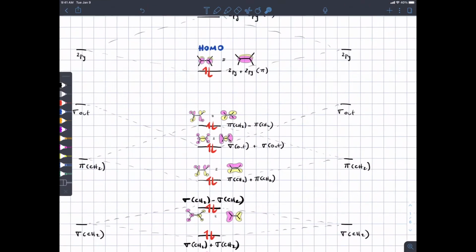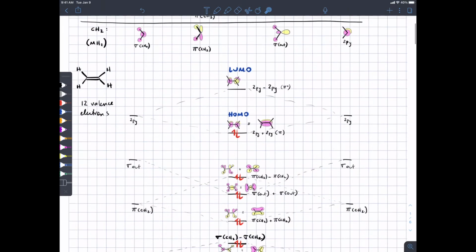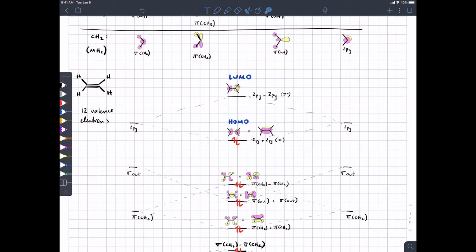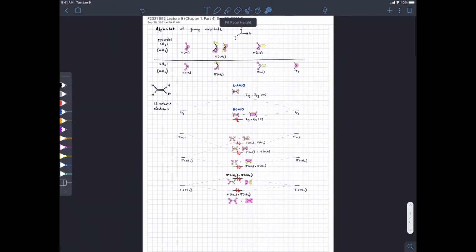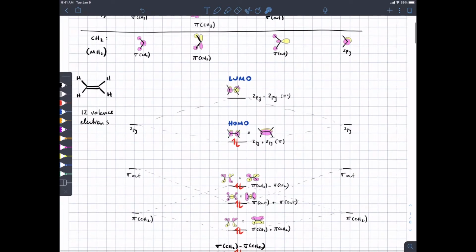So using these group orbitals and a little bit of intuition and some principles that we've discussed in QMOT, you can come to a conclusion as to what all of the bonding orbitals and what the LUMO of ethylene look like. And if you can do that, then you can predict a lot about the reactivity of this molecule. As I said, you would predict for ethylene that the most reactive electrons would be in this 2py plus 2py orbital.